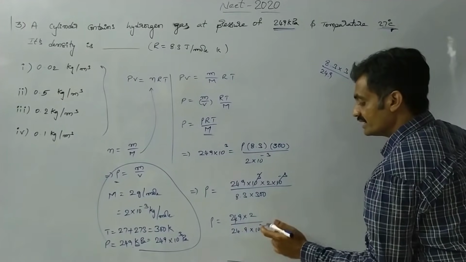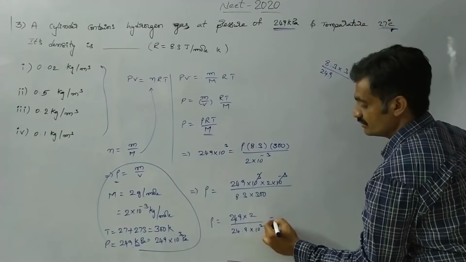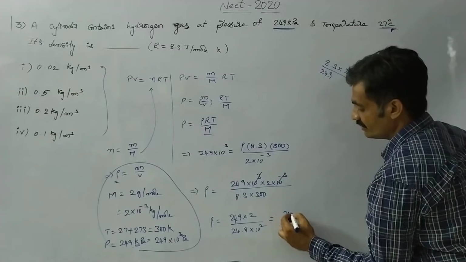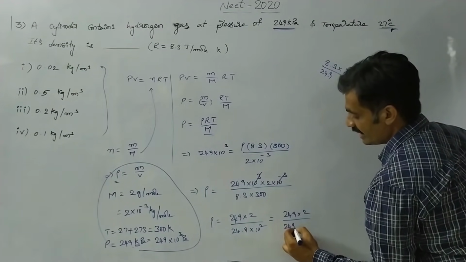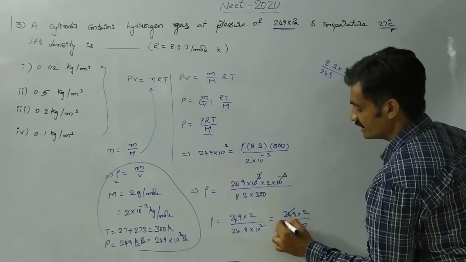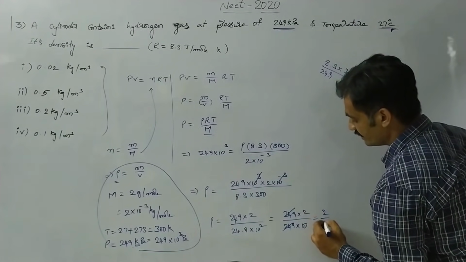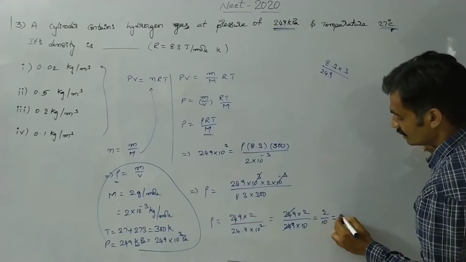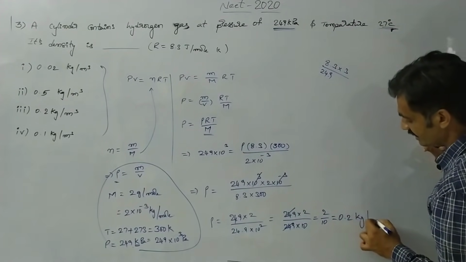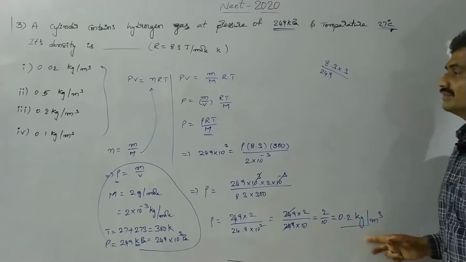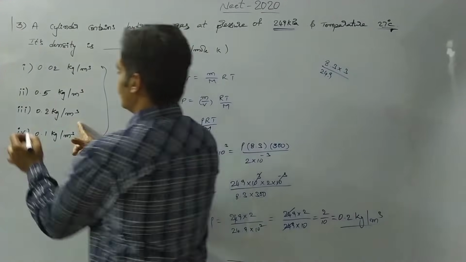If I multiply 10 with this 24.9, then we have 249 into 2 by 249 into 10. Here 249 gets cancelled. We have 2 by 10, which is nothing but 0.2 kg per meter cube. So option will be 3.